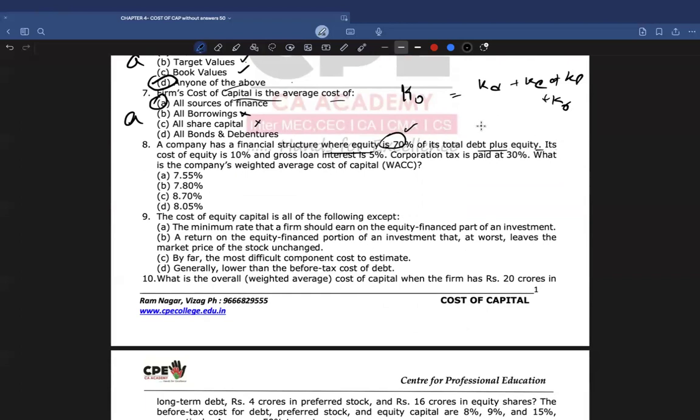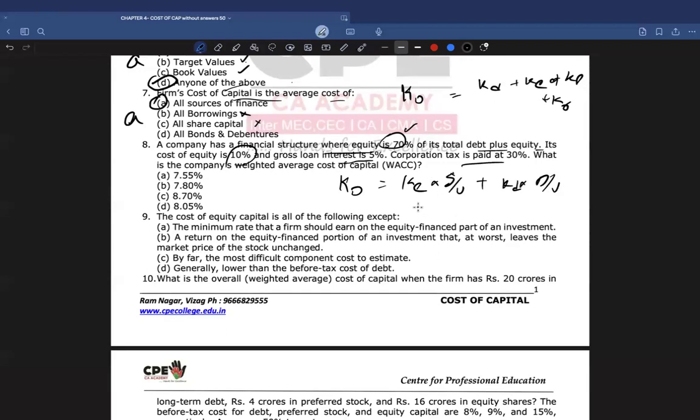కంపెనీ హాస్ అ ఫైనాన్స్ స్ట్రక్చర్ వేర్ ఈక్విటీ 70% of its total debt plus equity. So total capital 70% is equity. Its cost of equity is 10% and gross loan is 5%, loan interest is 5%. Corporate tax is 30%. What is the company's WACC? So KO is KE into equity percentage plus KD into debt percentage వాడచ్చు.